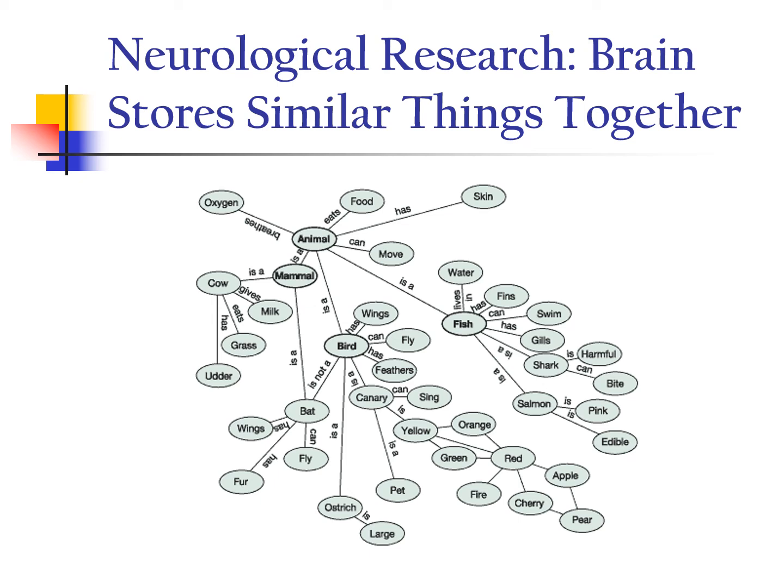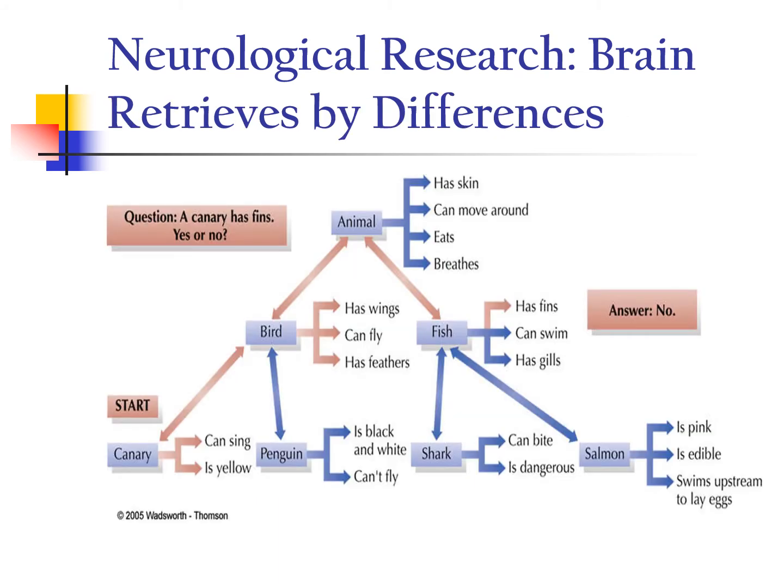It does it by similarity. So animals all get stored in the same basic place. Mammals are in one string and fish are in another string. And because they're with water, water gets its own string, and so on and so forth. Just as the brain stores things by similarity, it retrieves them by differences.